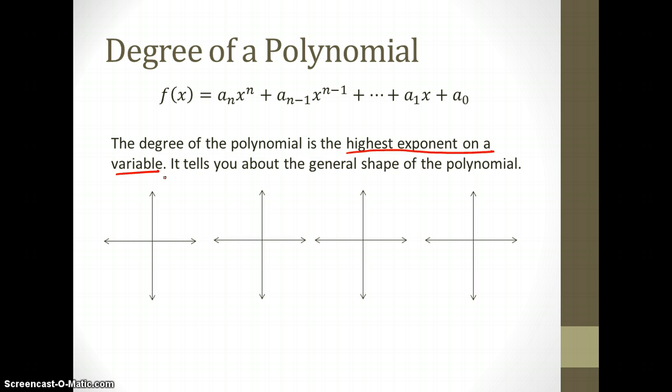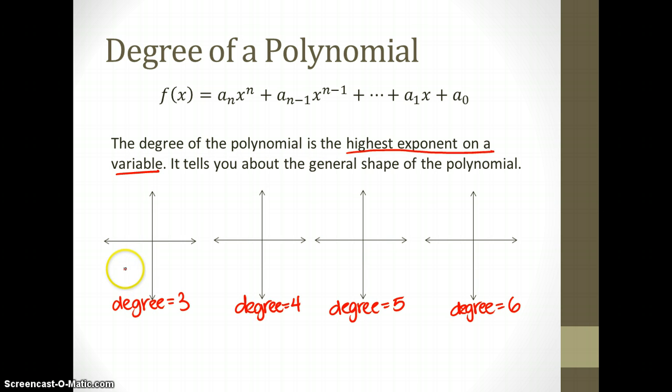So it tells you about the general shape of the polynomial. We've talked about degree before, but just as a reminder, we label our graphs here. The degree is going to tell us about the general shape of your polynomial.